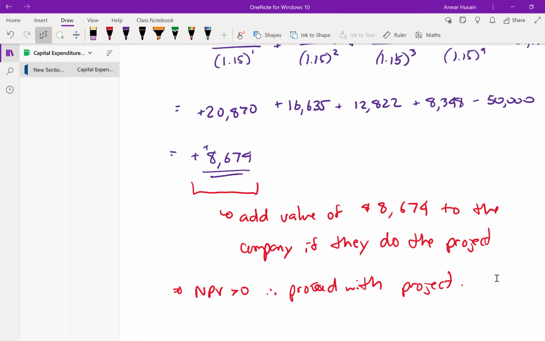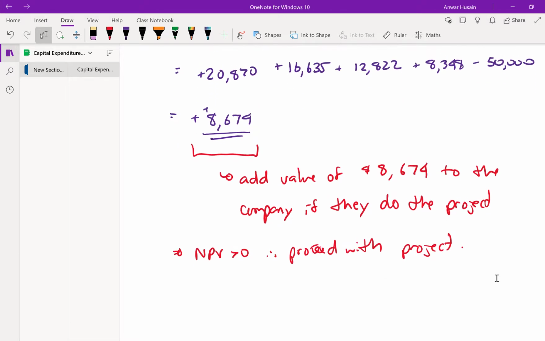Now, what is the internal rate of return? I'm not going to calculate it, but the internal rate of return is essentially the discount rate at which NPV is equal to 0.